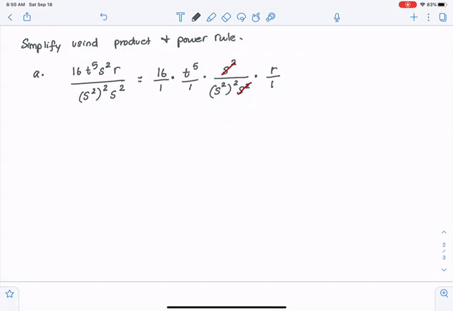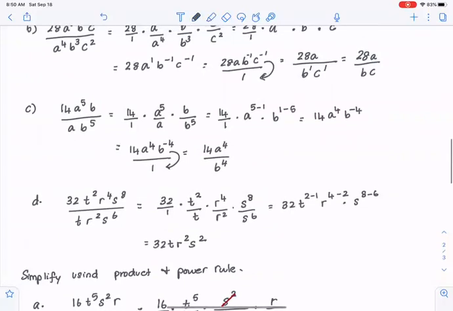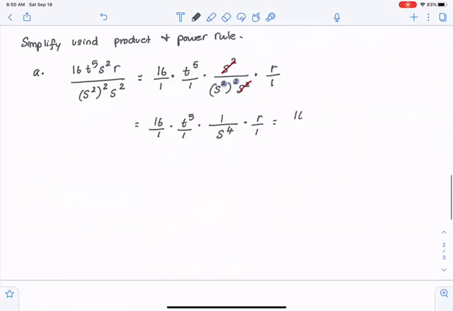So that's exactly what I did. So 16 over 1, t raised 5 over 1. And now we could use power rule. Since we have s squared raised to the power of 2, we simply multiply the powers. 2 times 2 is 4, multiplied by r over 1. So if we combine everything, we will get 16 t raised 5 r divided by s raised 4.